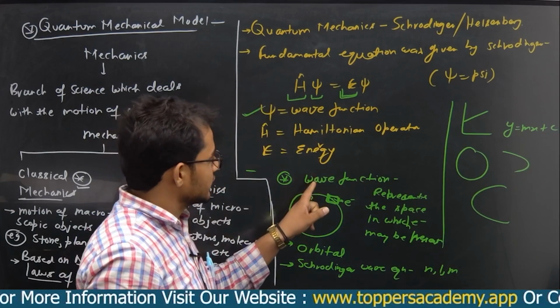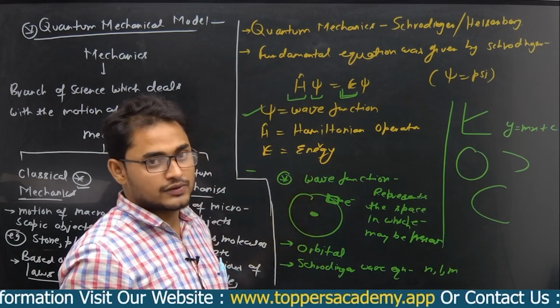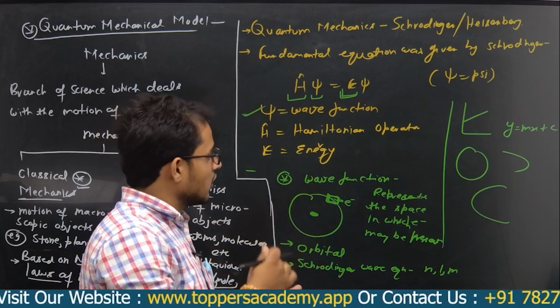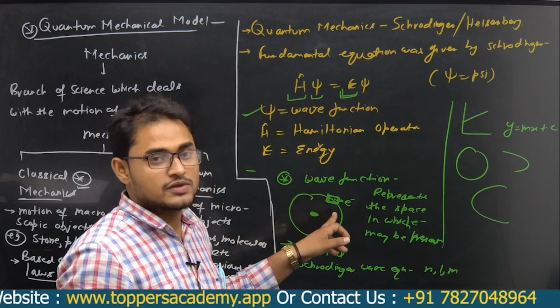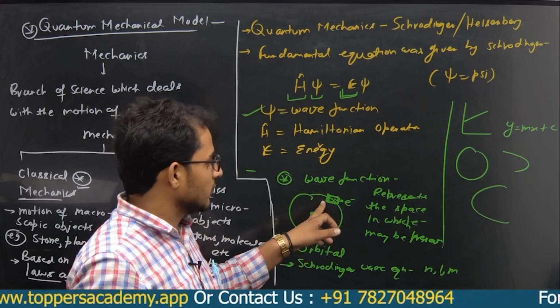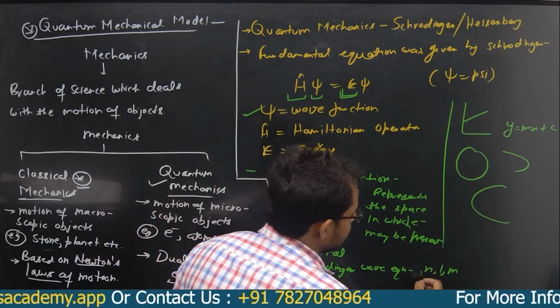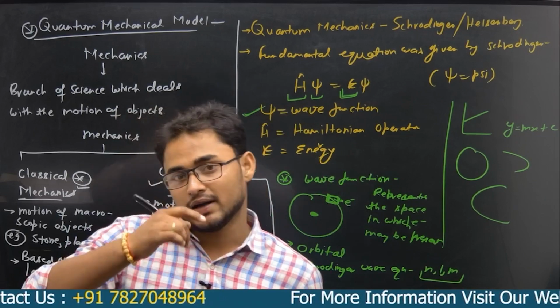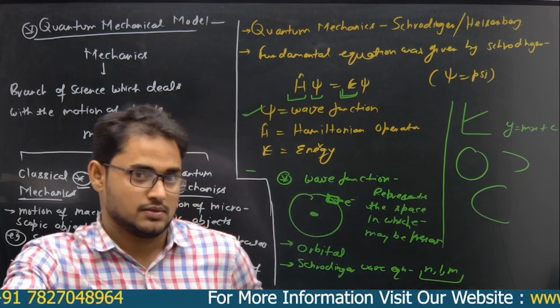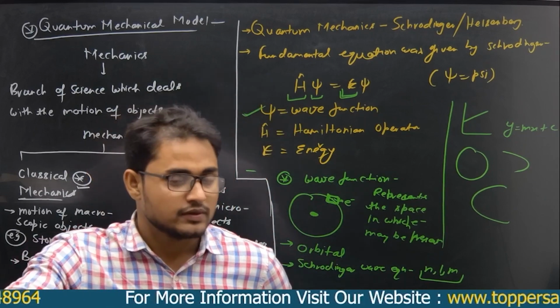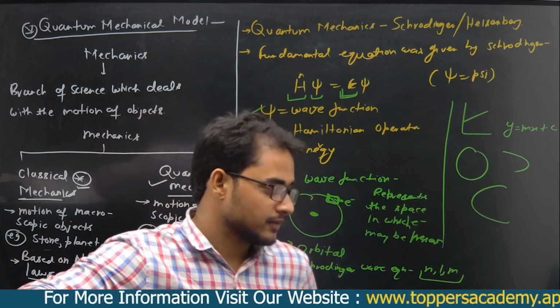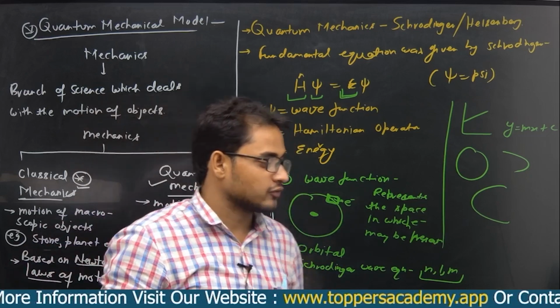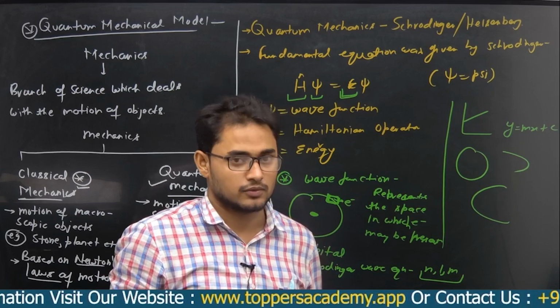Actually this wave function has the information of the orbital in which the electron may be present, and for that orbital it gives three quantum numbers n, l, m, by which we can have an idea about that orbital, right? So we will see what these quantum numbers are. I have discussed where the quantum numbers have come from, right?